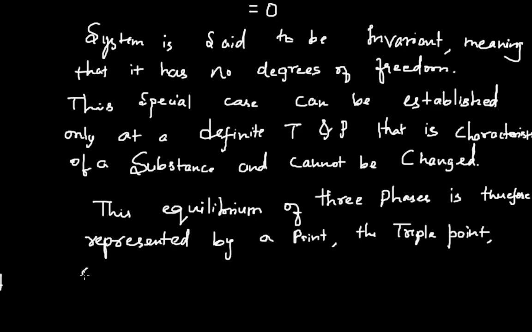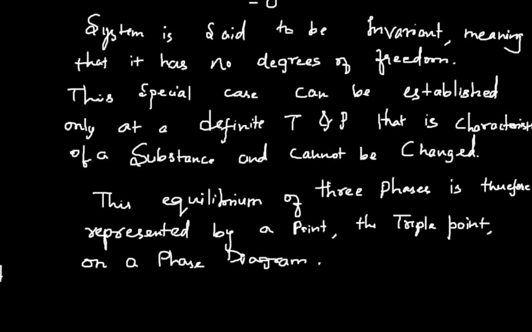See those triple points: whenever there were three phases in equilibrium, the point was represented by a triple point.